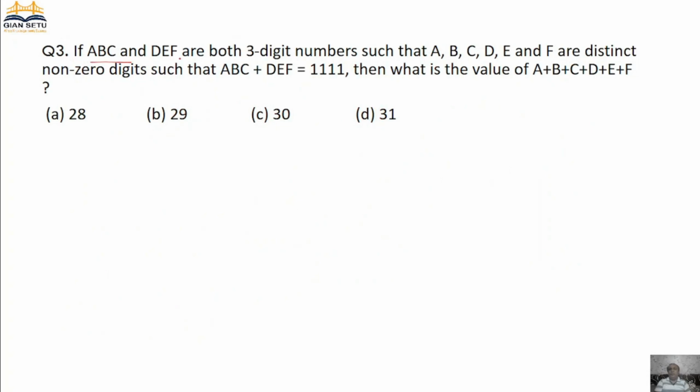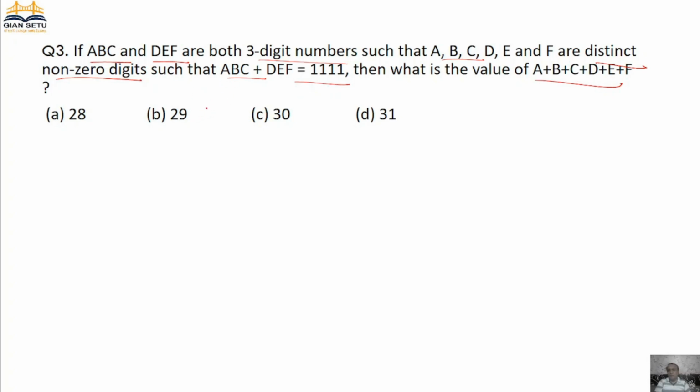Now let's move to question number 3. If ABC and DEF are both 3-digit numbers such that A, B, C, D, E, F are distinct non-zero digits such that ABC plus DEF is equal to 1111, then what is the value of A plus B plus C plus D plus E plus F?